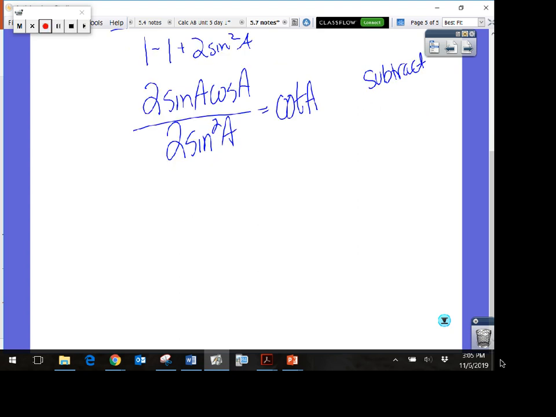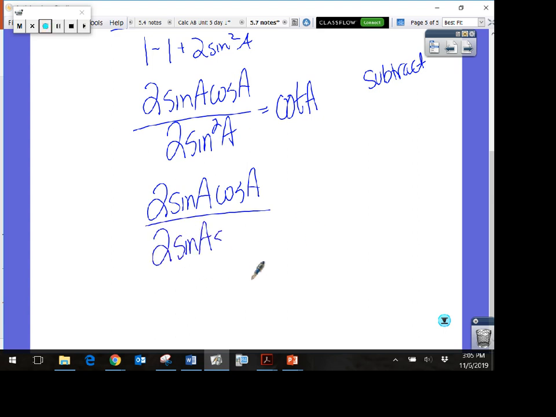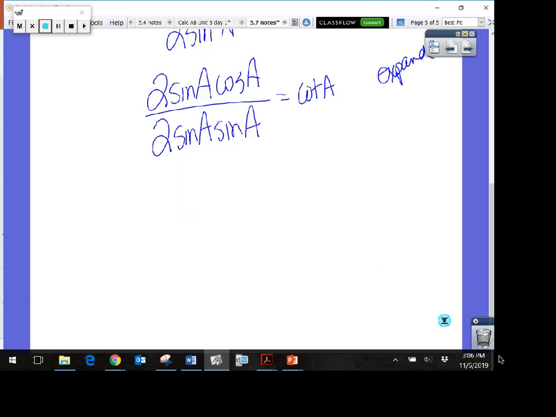Now, I'm going to show one more step right here, because a lot of you are doing this, and I think it's helpful to most of you. 2, I can make that sine A, sine A. And that's called an expand or a rewrite, because I didn't really do anything. I just changed sine squared into sine times sine. And now, see how all those things add up? 2 divided by 2 is 1. Sine A divided by sine A is 1.